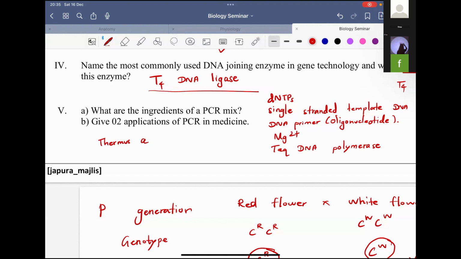They might ask you in an MCQ: why don't we use just DNA polymerase? Why do we go for Taq DNA polymerase?